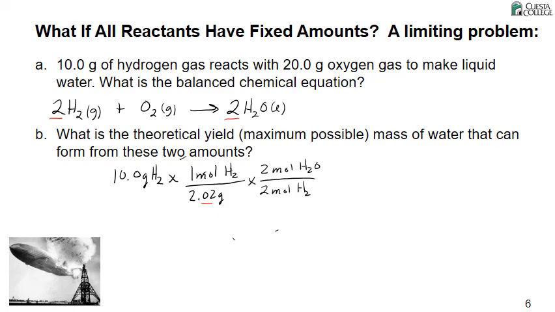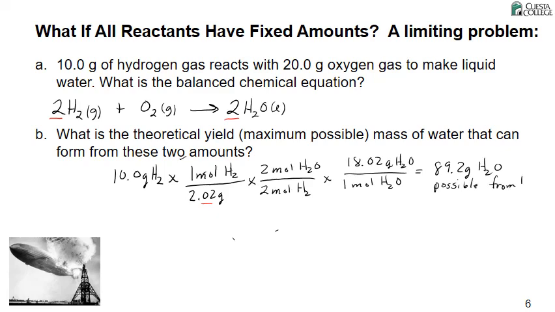Once the number of moles of H2O is known, that can be converted to mass using the molar mass from the periodic table. And that works out to be 89.2 grams of H2O, and that's the possible amount from H2. The same set of steps can be repeated for oxygen.